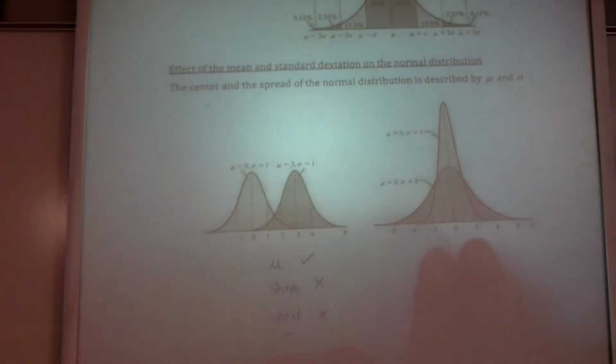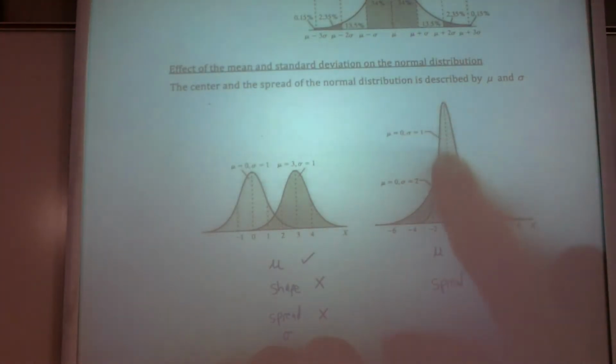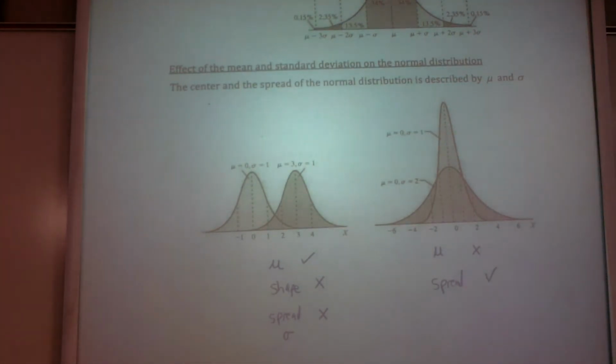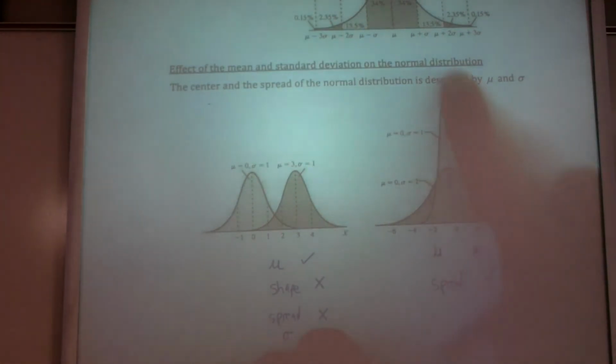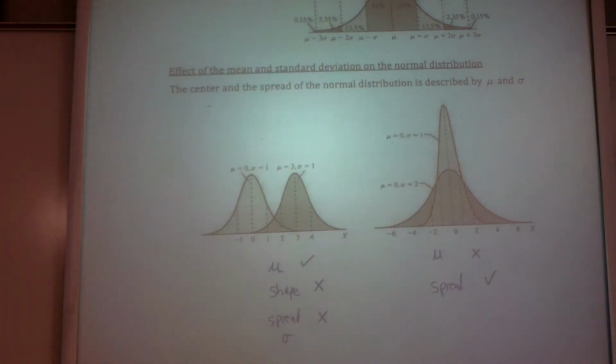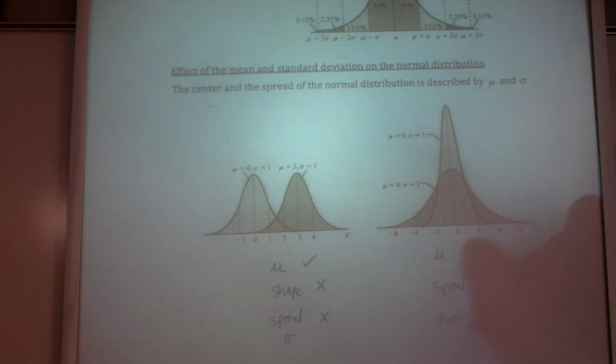And notice how, since we had to double the width, the height came down. Or if you think of it backwards, if we start with this wide one, as we start to shrink it in, it's got to be taller to fill in all that area. Now, when we're talking about the shape, what I mean is it's still normal, okay? Are both of these considered normal curves? And the idea is yes. To be normal, it's single-peaked, it's bell-shaped, and it follows 68, 95, 99.7.